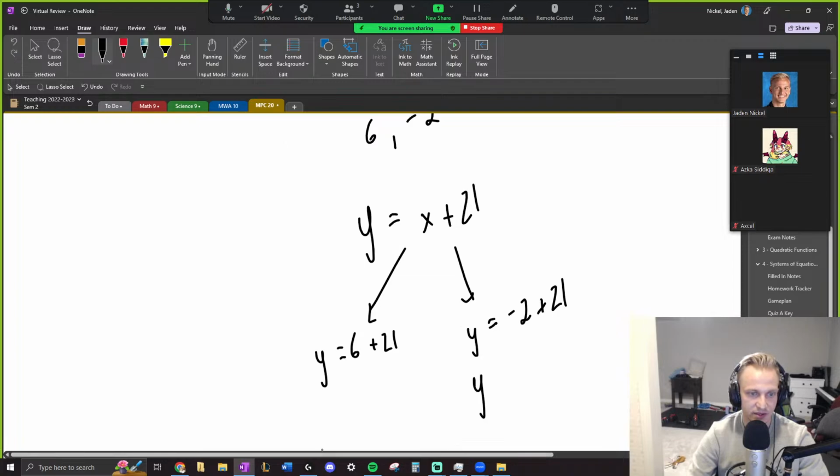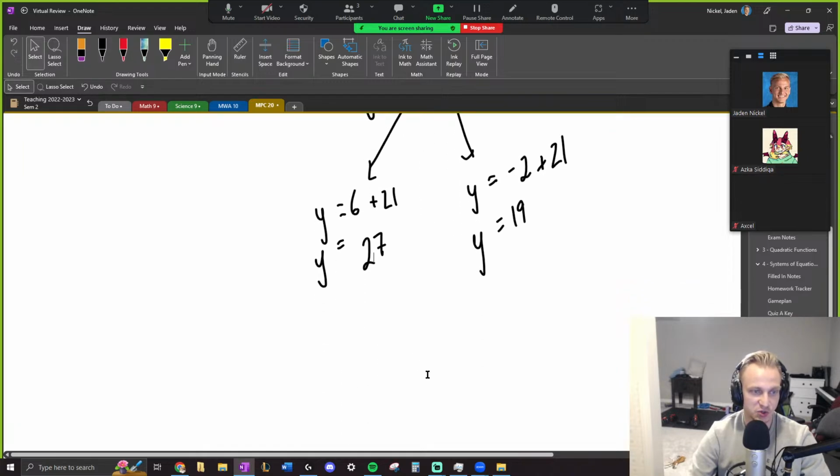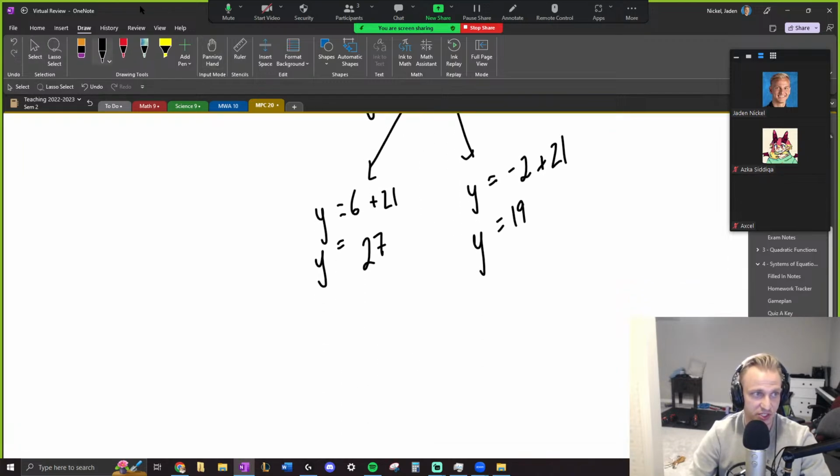So you'd have two answers, 19 and 27. So we used an x value of 6 and got a y value of 27. We used an x value of -2 and got a y value of positive 19. So then you'd have your two answers.